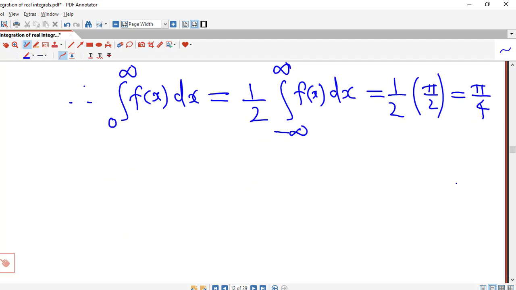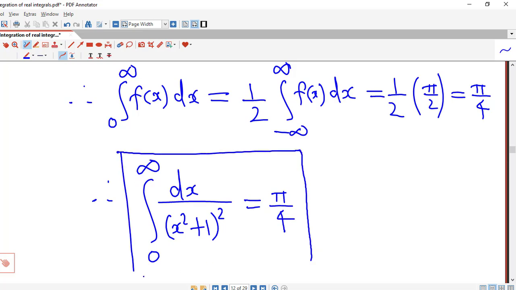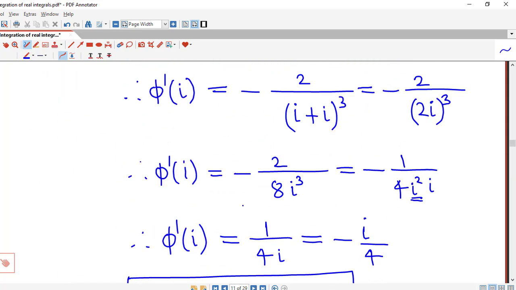Therefore the integral from 0 to infinity of 1 over (x square plus 1) whole square is pi divided by 4. So it is very easy to evaluate certain types of improper integrals using Cauchy's residue theorem.